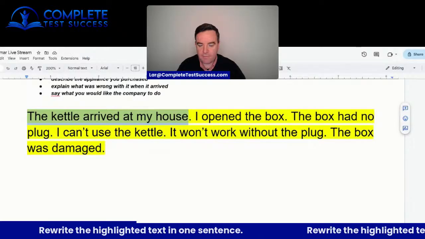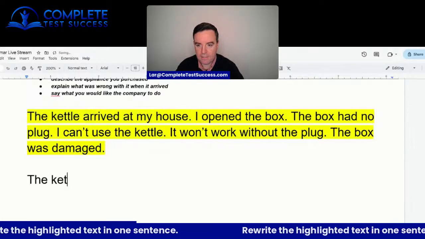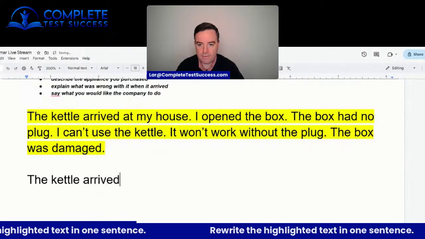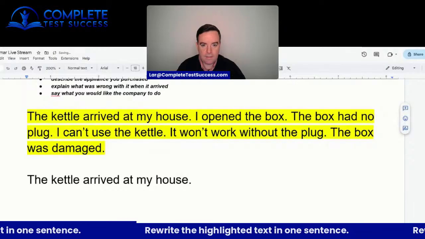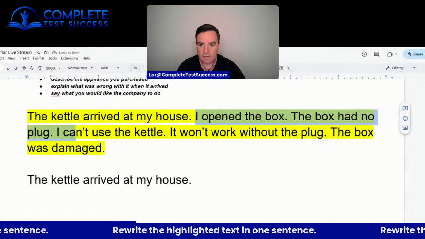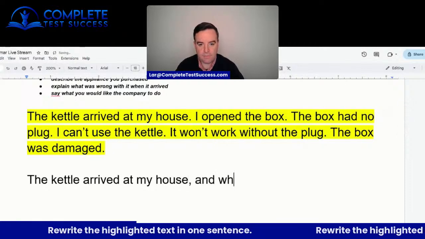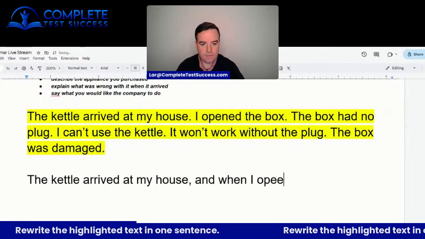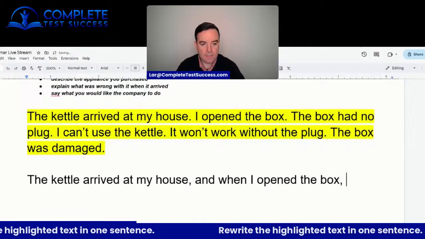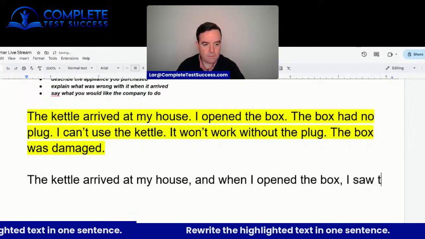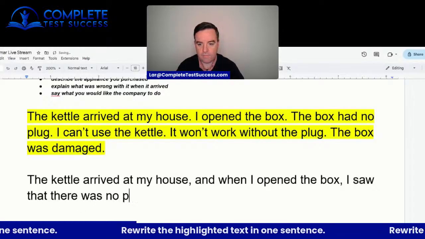Okay, so the kettle arrived at my house. Okay, so that's fine. The kettle arrived at my house. I opened the box. The box had no plug. The kettle arrived at my house, and when I opened the box, I saw that there was no plug.